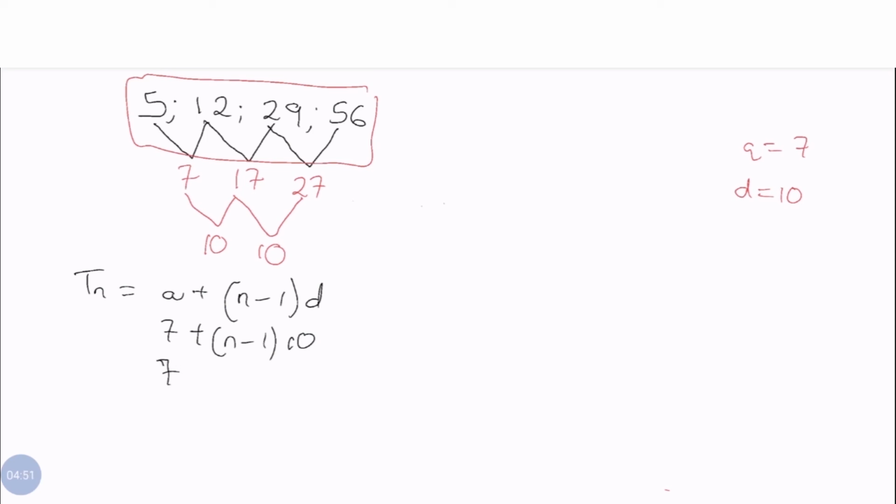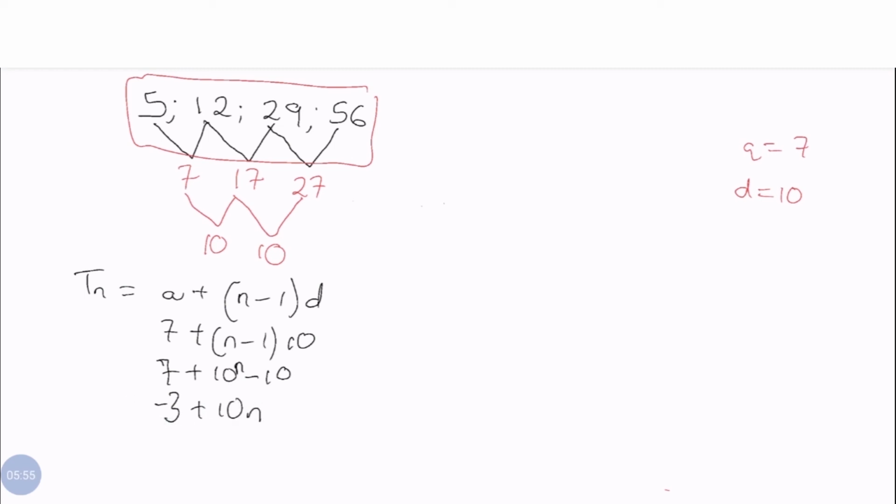So now we will have 7 plus 10 times n, we have 10n, 10 times negative 1, that is minus 10. Oh, sorry, I forgot to put n here. 10n minus 10. Now let us sort this out. 7 minus 10, that is negative 3 plus 10n.